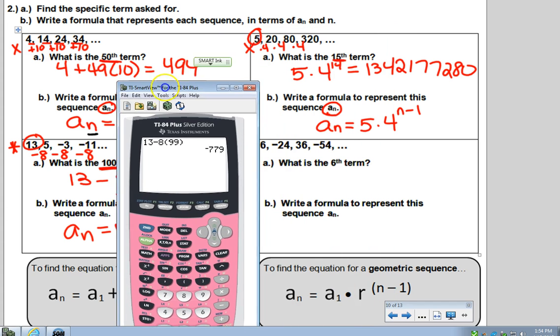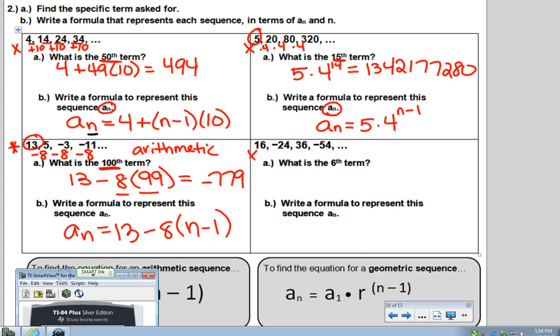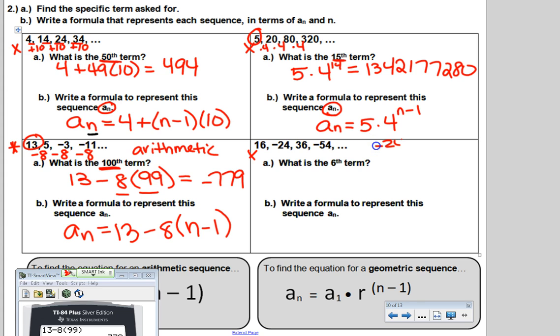All right, and our last one. Our last problem from our previous page, we know that it was geometric, and that turned out to be negative 3/2 or negative 1.5, your choice. So what's the sixth term? I know from my home base number, 16, you're going to multiply by negative 3/2, and you're going to multiply that number 5 times from the home base number.